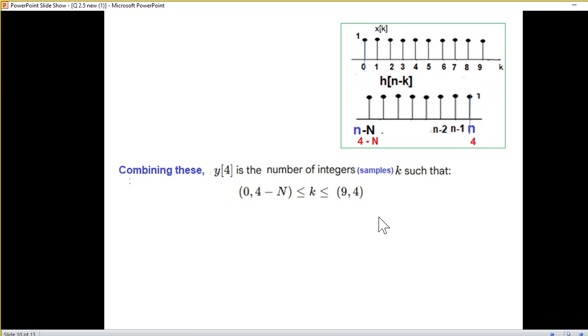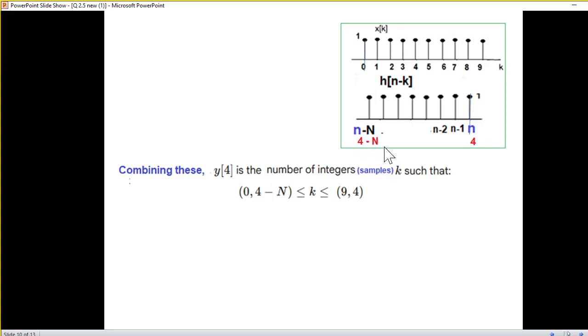So from here, if you keep this diagram in mind, you can see that this is inside the x[n] diagram, so it is overlapping, but here it is not overlapping. That means between 0 and 4 minus N, we have to select the bigger one.